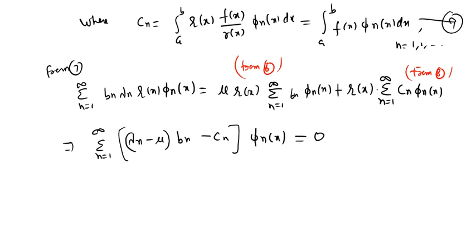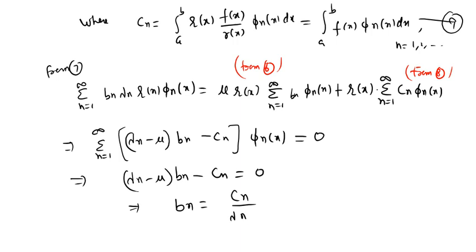This means that the coefficient (lambda n minus mu) bn minus cn is 0. And what you need to find is bn. So bn will be cn by (lambda n minus mu), provided it is possible. So we need to discuss the possibility here.